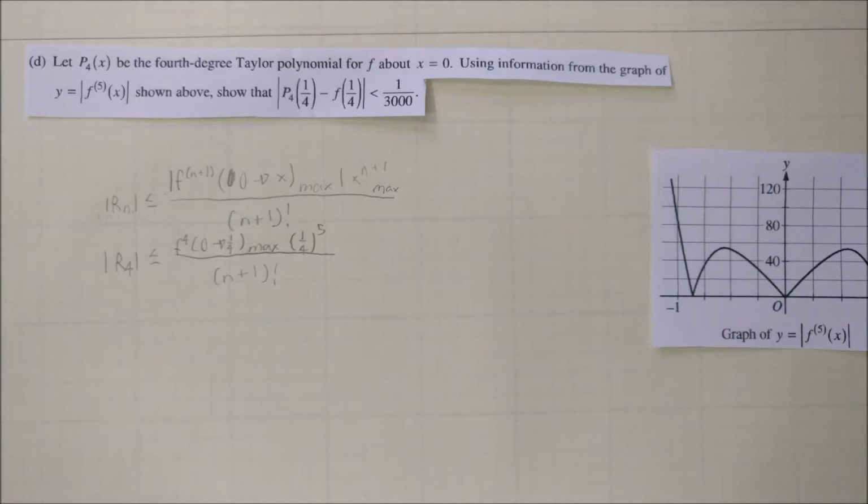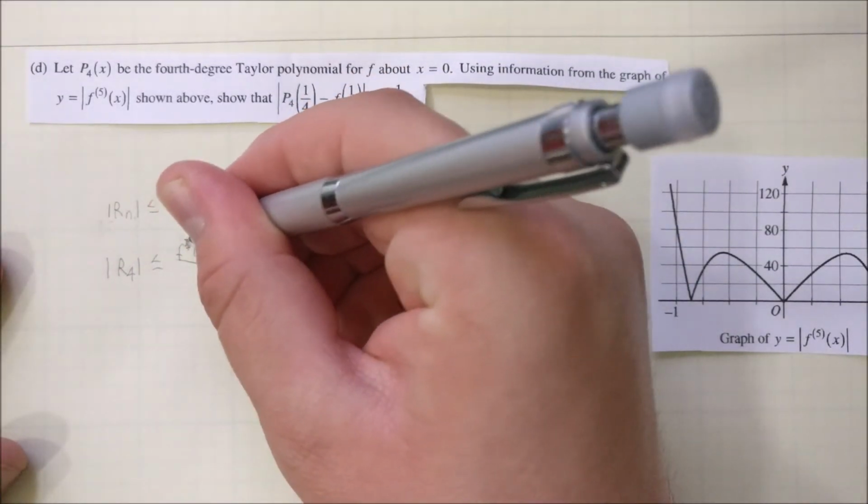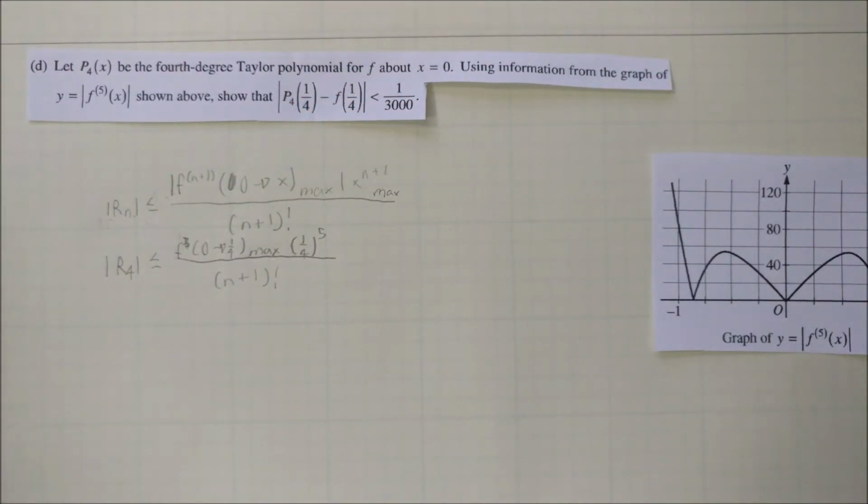Of course, how we're trying to do it with Lagrange error is we're trying to find the worst case value of x and the worst case value of the derivative to see what's the largest it could possibly be off by. That's why we find the maximum of the derivative. It's like if it were this highest value for the entire time, how far off would we be? So then, maximum value of that derivative, the fifth derivative between 0 and 1/4.